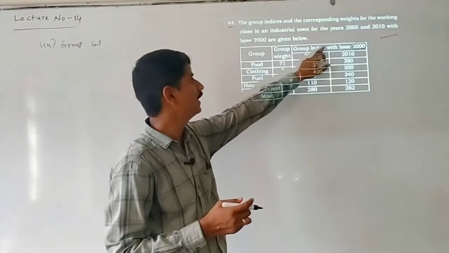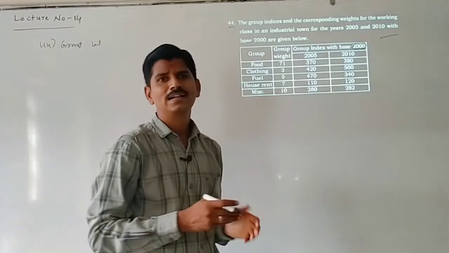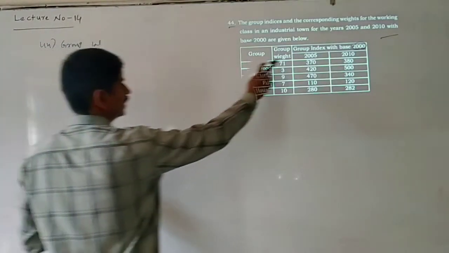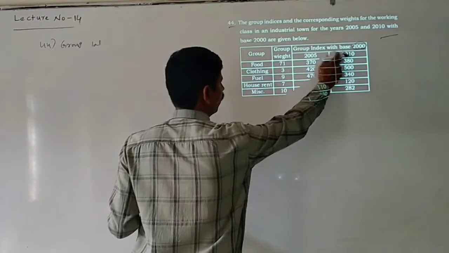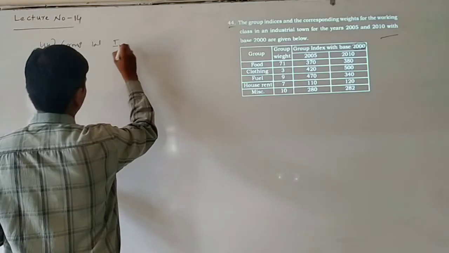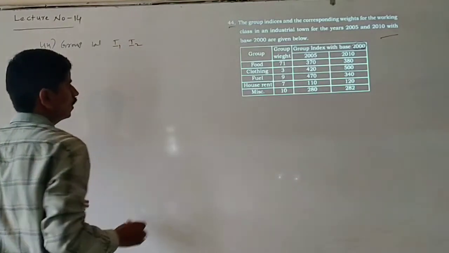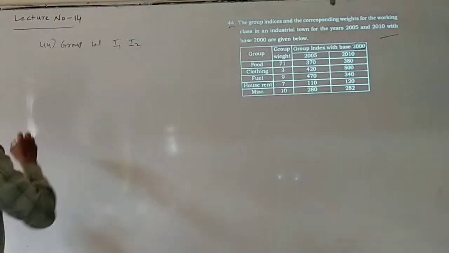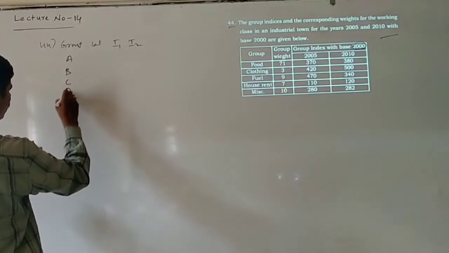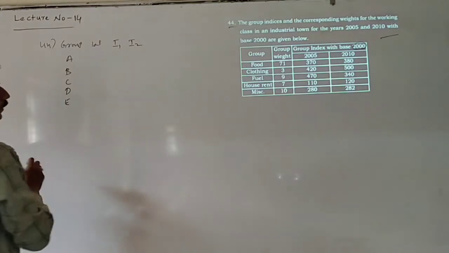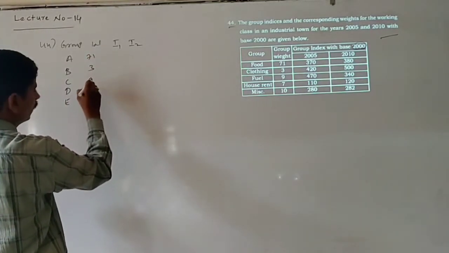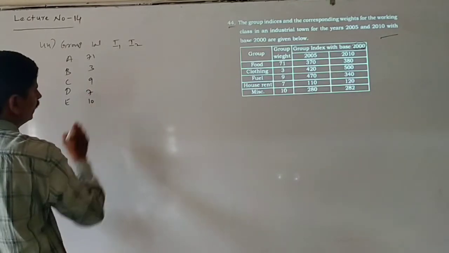Here they are given group index, denoted by I or P. I am taking I, that is I1 and I2. Write down the values for groups A, B, C, D, E with respect to weights 71, 3, 9, 7 and 10.